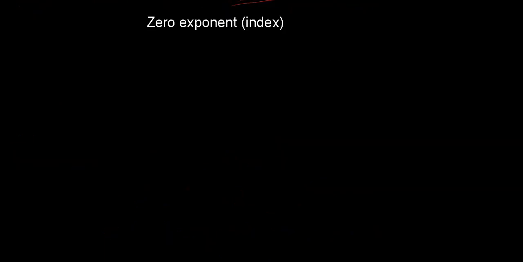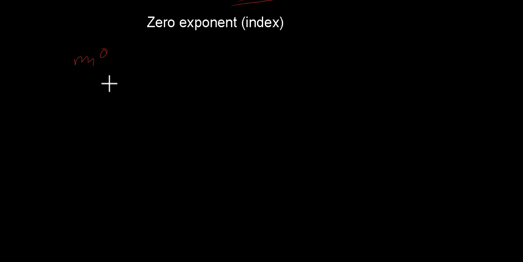Okay. So now we look at zero exponent, or zero index. So when we have a zero index, we're saying m to the power 0. So what is the meaning of m to the power 0?